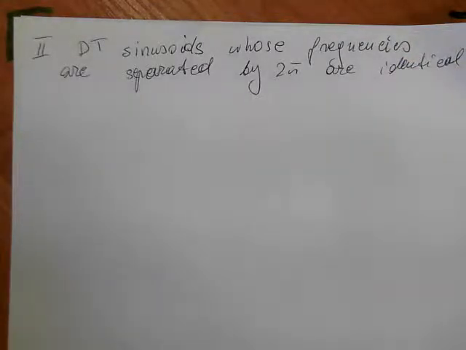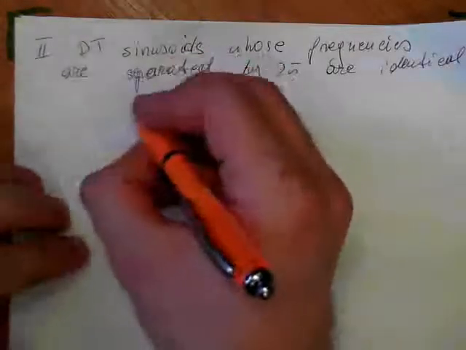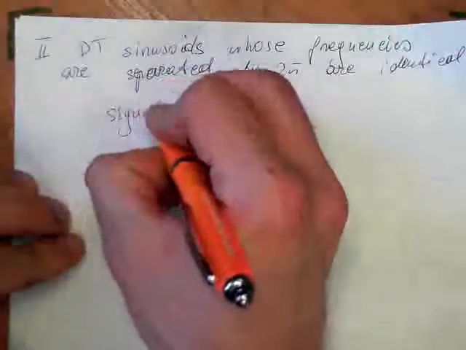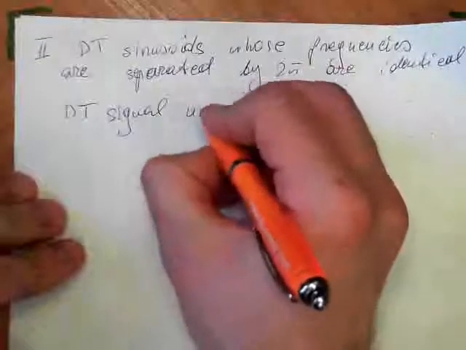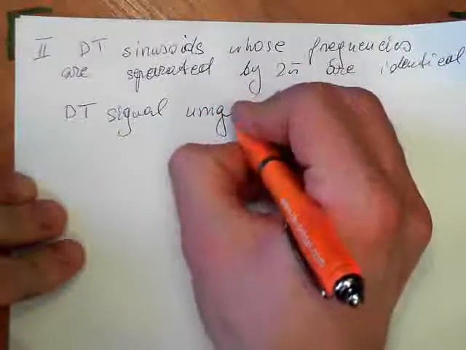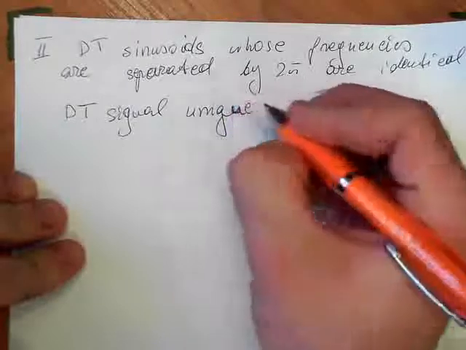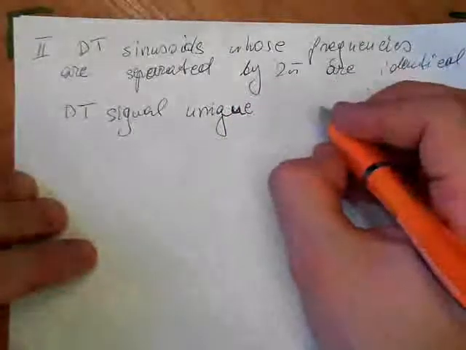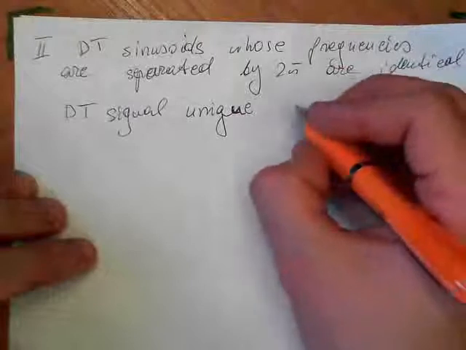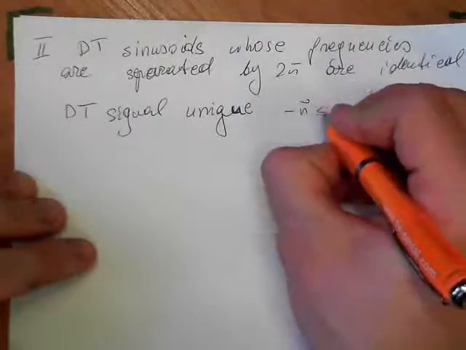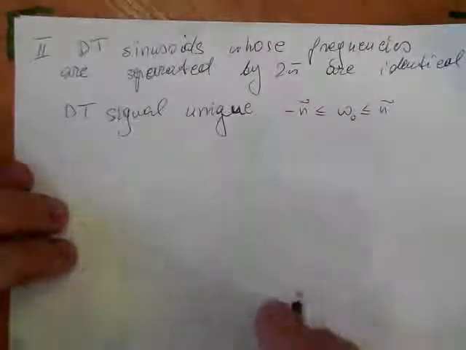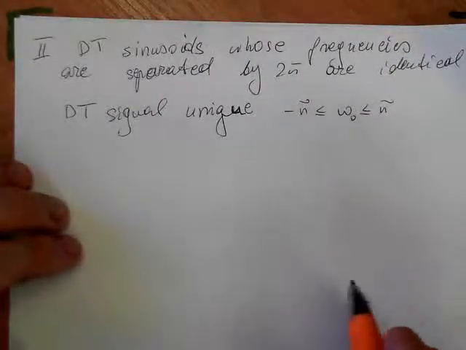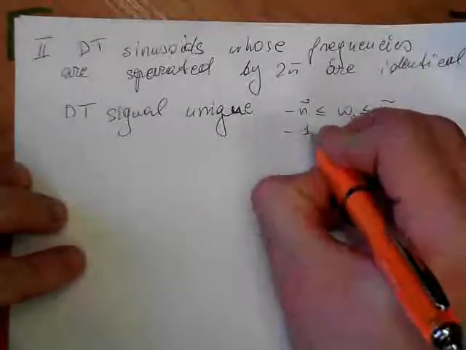As you remember, we said that a discrete time signal is unique only if it has the frequency ω between minus π and plus π. So ω0 should be between minus π and plus π.